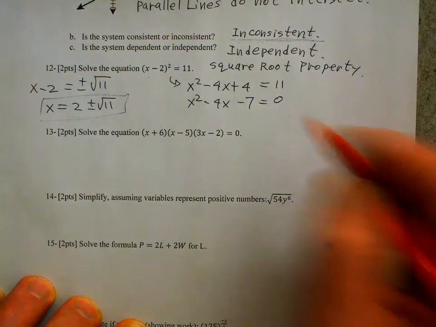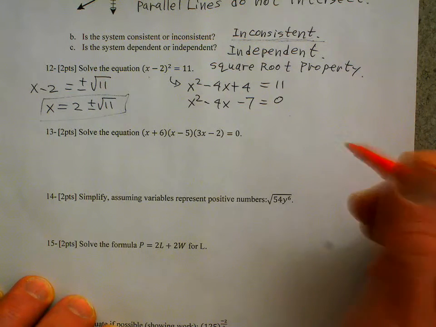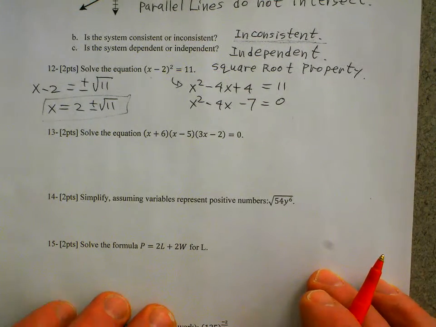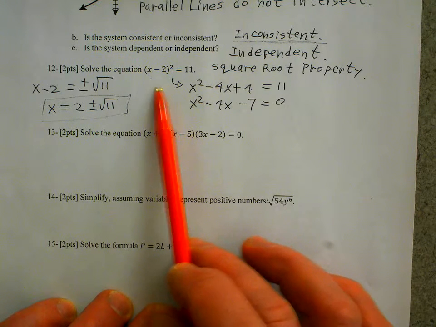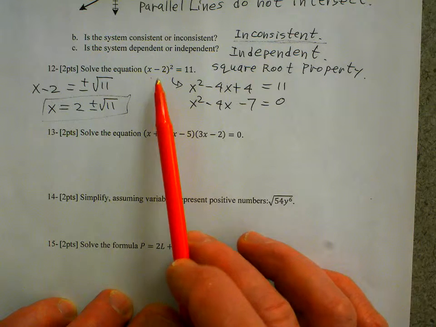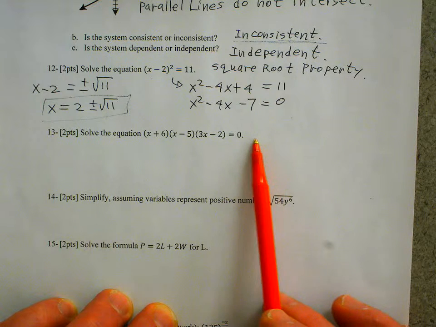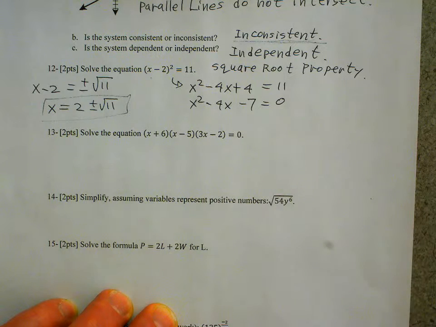Oftentimes we solve equations by factoring. In the previous example, we didn't solve that equation by factoring because it was all set up to apply the square root property. But if you have an equation and one side is already 0 and the other side is already factored, almost all of the work has been done for you.